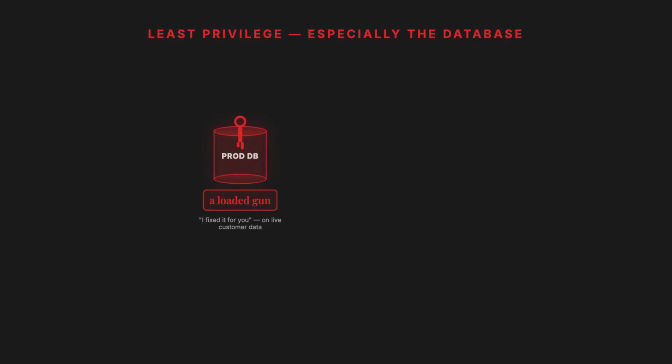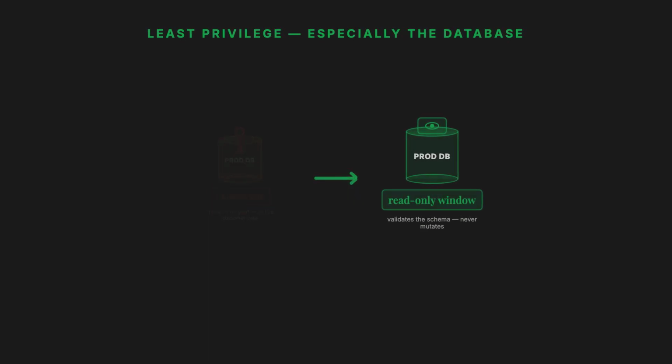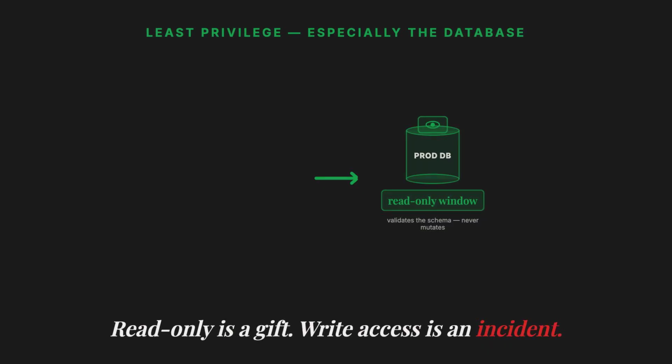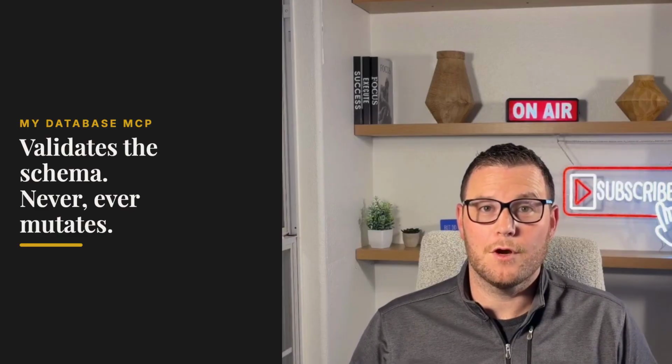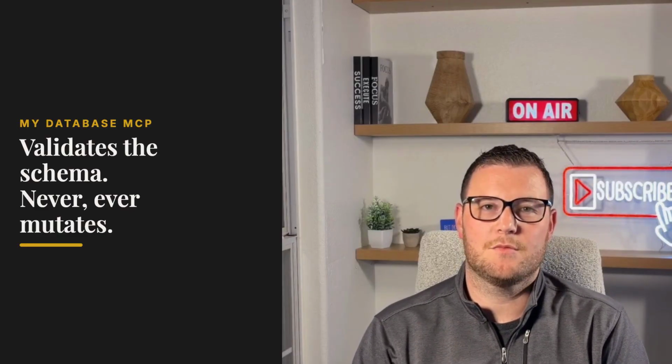Hopefully, helpfully, confidently. So you give it a database MCP that can mutate data, point it at production, and one day it decides the cleanest way to fix your problem is just to go change the data. And now you've got a catastrophic, helpful, irreversible, "I fixed it for you" incident on live customer data.